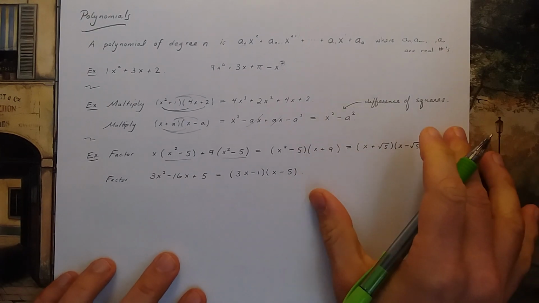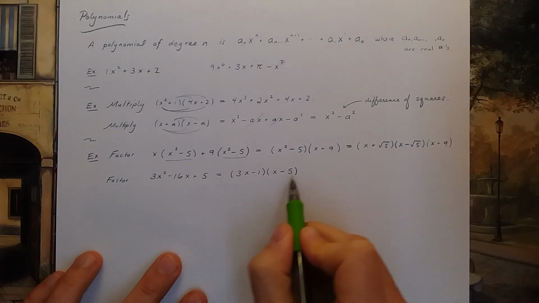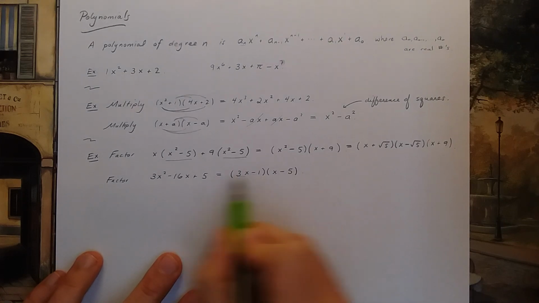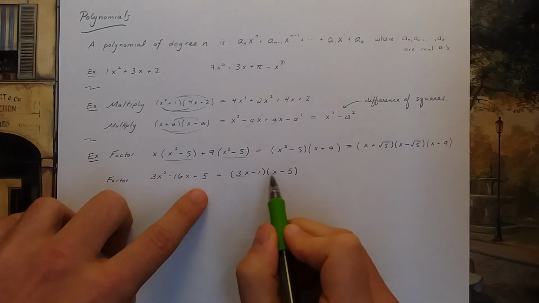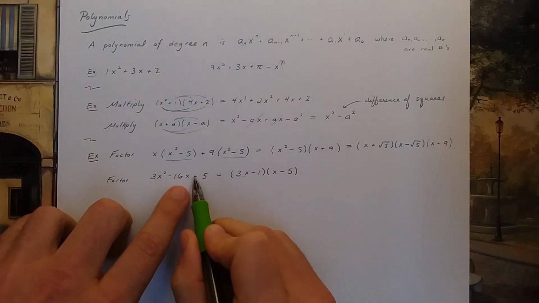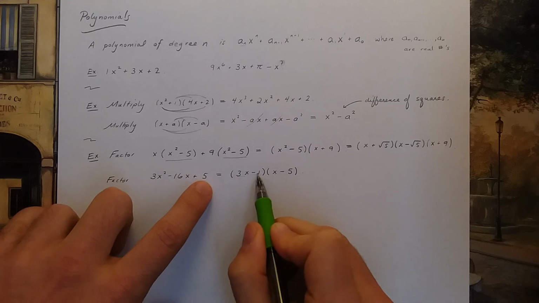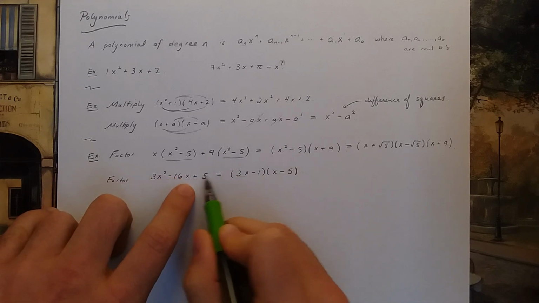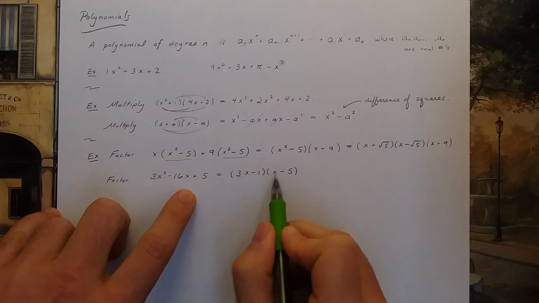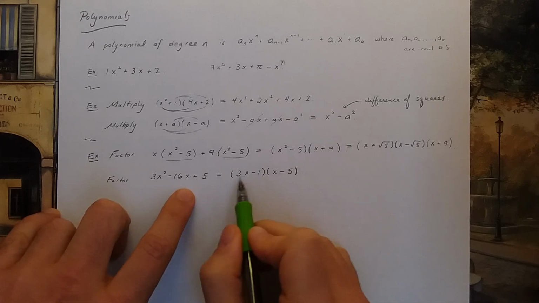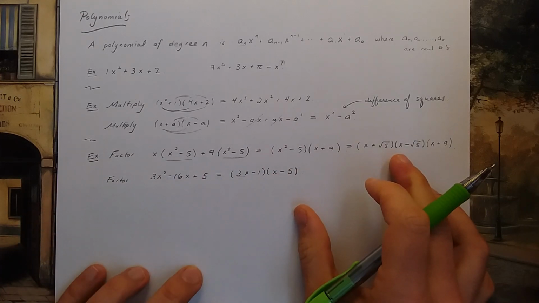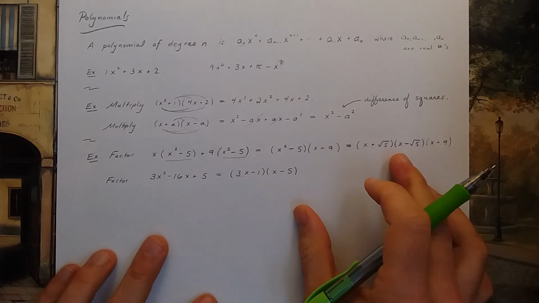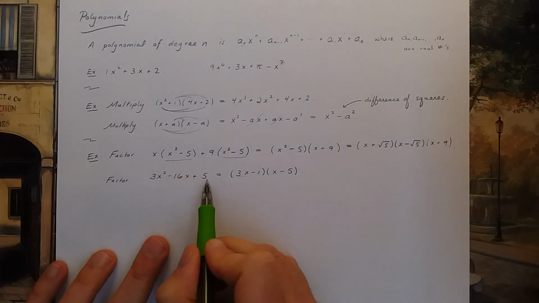You could check that you have the right answer, because if you multiply this out, you're going to get 3x squared. You could see that the constant term, the term with no power of x in it, would be negative 1 times negative 5, or 5. And then you could verify that the other two terms that you get from expanding this will combine and give you negative 16x. So that's how you can factor this polynomial.